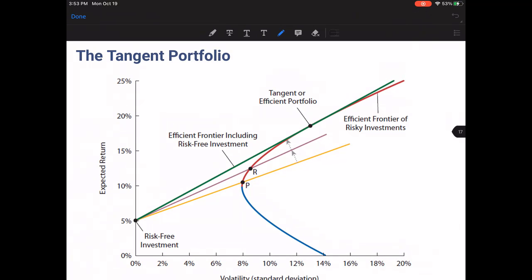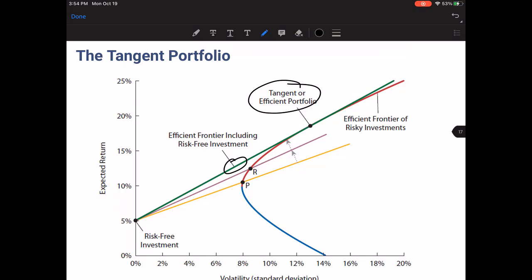Once we establish this tangent portfolio, it should be quite obvious which portfolios we should restrict ourselves to, right? What I want to say eventually is that any point along the green line is going to give us what are called efficient portfolios. Anything below it is dominated because it's going to have lower returns or higher risk.